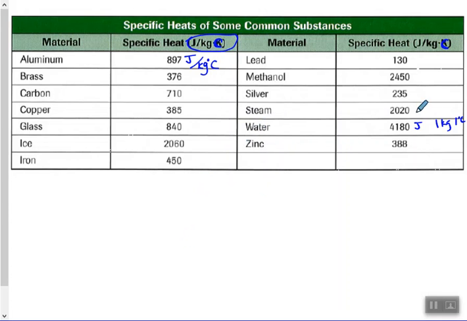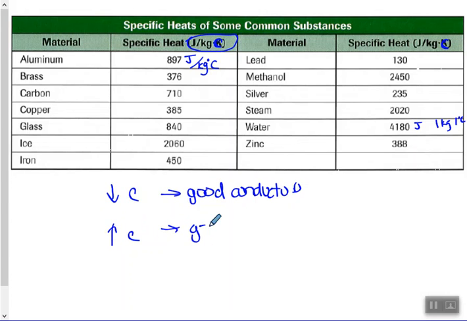It takes a lot of energy to raise a kilogram of it a degree Celsius. So you need 4,180 joules versus lead here, where you only need 130 joules to raise a kilogram of it a degree Celsius. So low specific heat capacity, low Cs are good heat conductors. High Cs are good insulators.